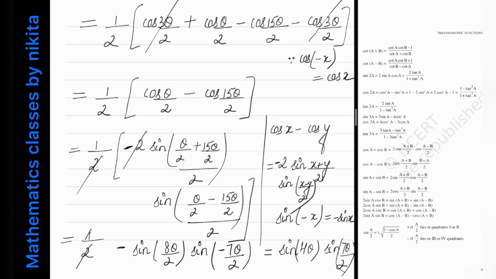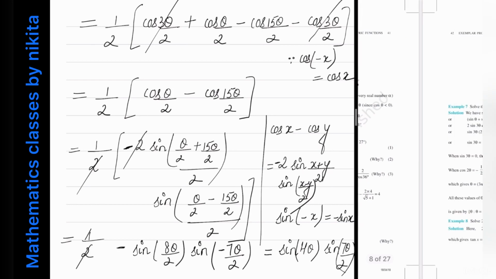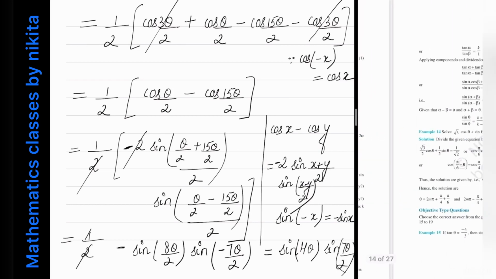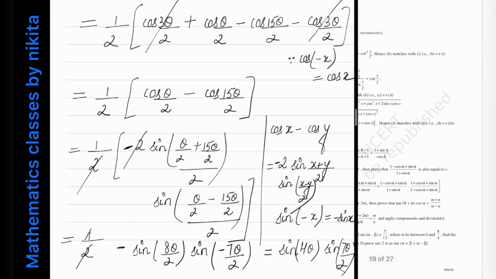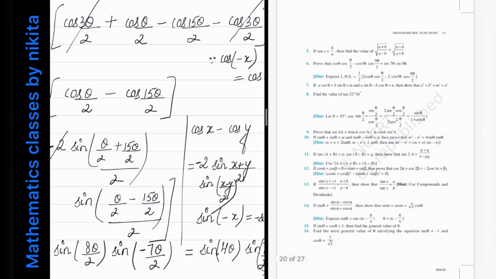Now note that in the question, the RHS has been given wrongly. Let me show you. Look, here they have given the RHS wrongly. They are saying that prove that this is equal to sin 7 theta into sin 8 theta.